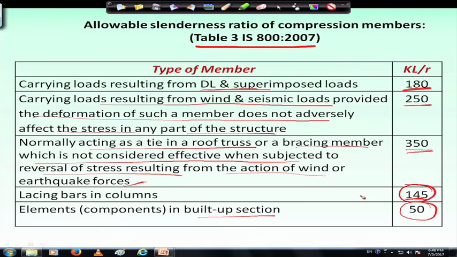So, in today's lecture what we could see is that the design column curve can be obtained from the Perry-Robertson formula, which takes care of the material properties, material strength, the slenderness ratio, that means buckling, and also the buckling class of the member, that means the configuration of the cross section, which affects local buckling.